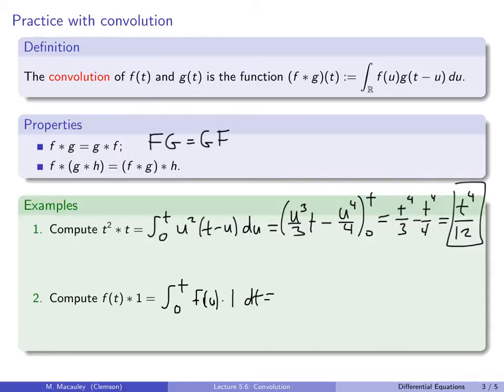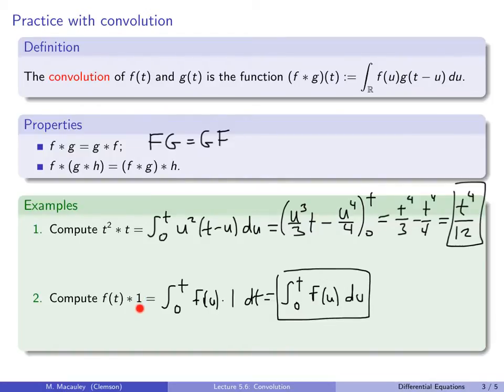And so that is the integral from 0 to t of f of u du. So a function f of t star 1 is just the integral of that function from 0 to t. Okay. And so you may ask, is there actually a function?